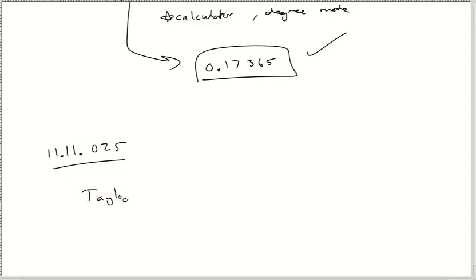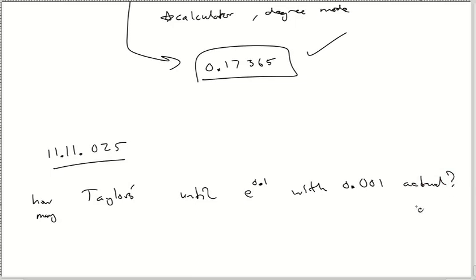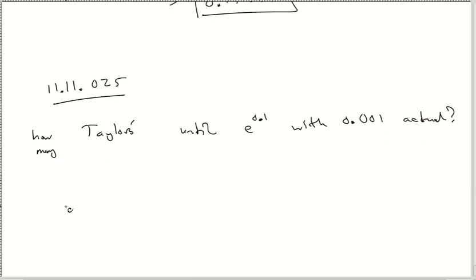It says use Taylor's to find how many iterations of Taylor's until e to the 0.1 is within 0.001 of the actual value. So in a way, what they're saying is that we have e to the x is the summation of x to the n over n factorial.